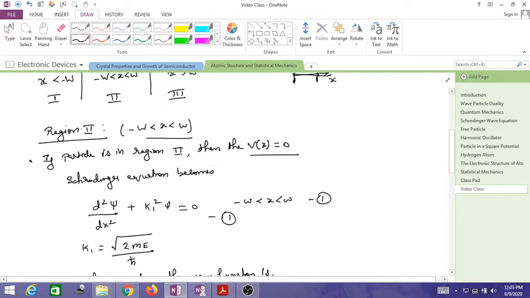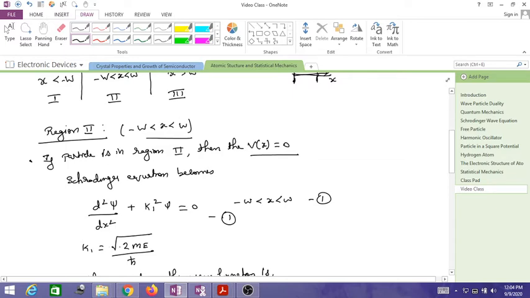Now if we use the second order Schrodinger differential equation, that is d squared by dx squared of the state function, which is also called the wave function, plus k1 squared multiplied by the wave function or state function, equals 0.